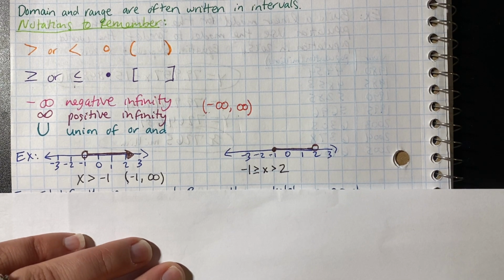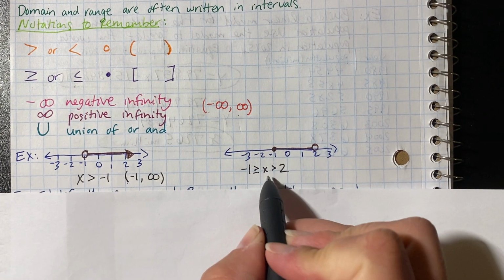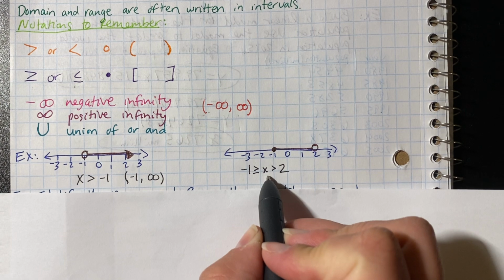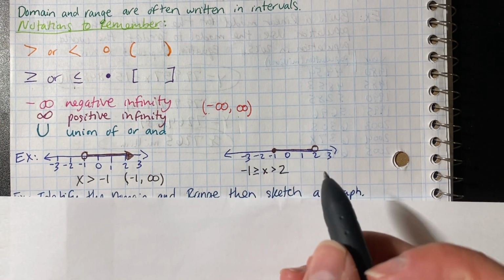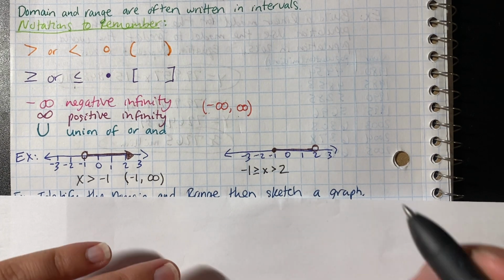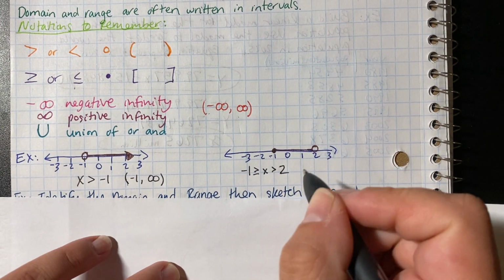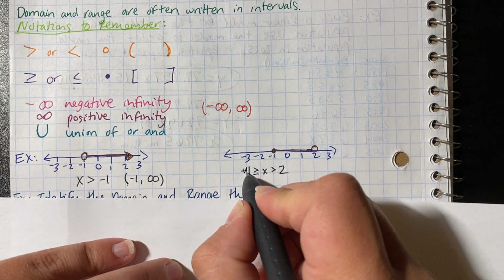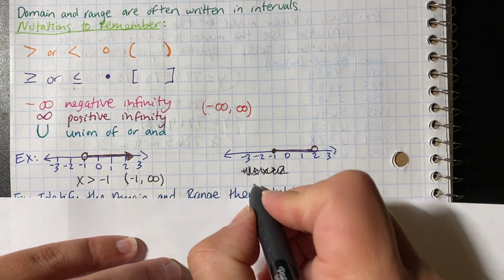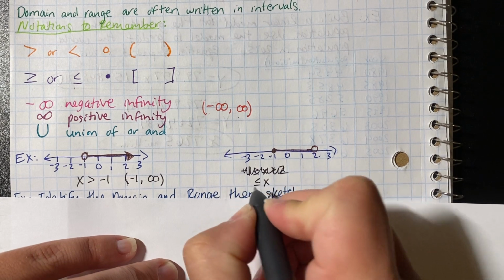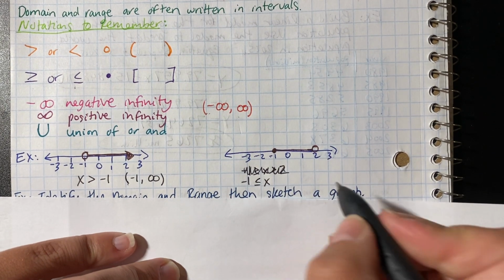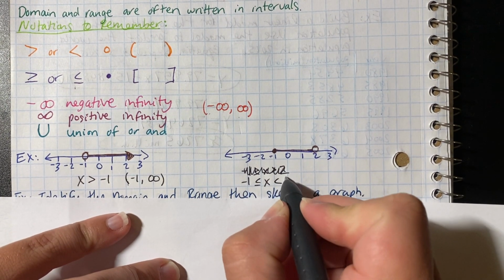I didn't even write that right, did I? It's switched around. My answers are wrong. Okay, so x is going to be either greater than or equal to -1, so reading it that way, or it's going to be less than 2.